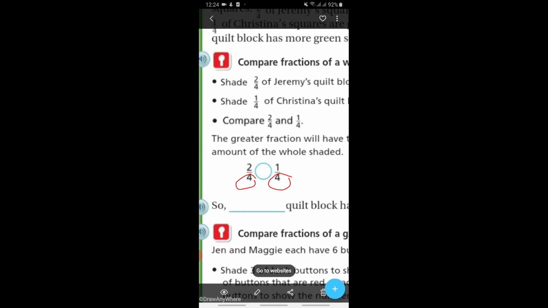So we see the top values, 2 and 1. Which one is greater? 2. So I will say that 2 by 4 is greater than 1 by 4. This is the block of Jeremy, so we will say that this is Jeremy's quilt blocks. Okay.